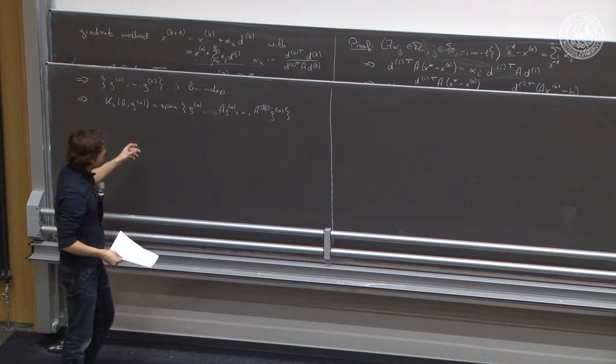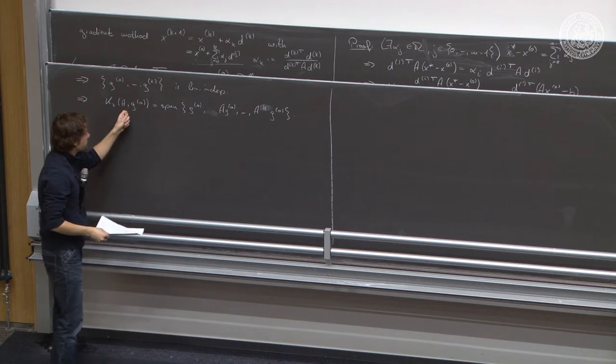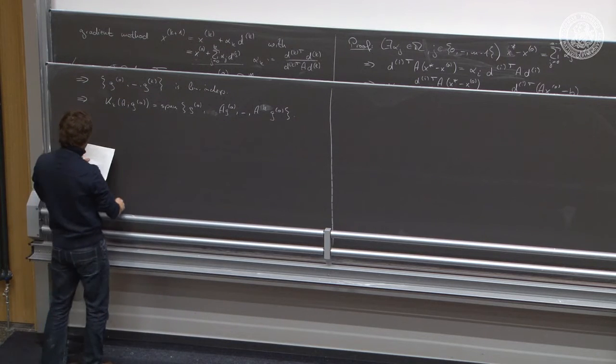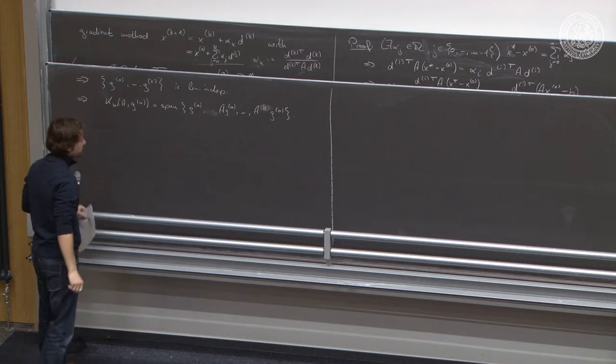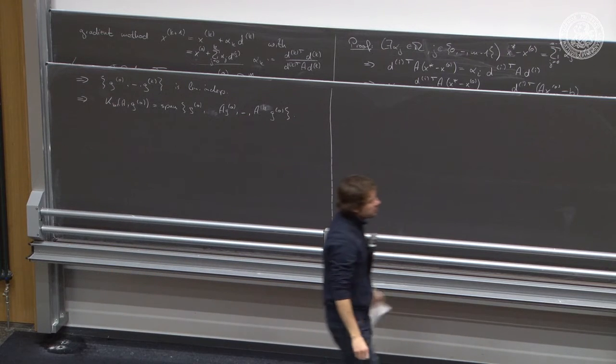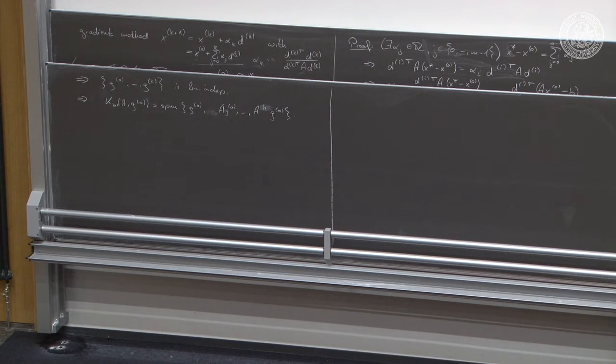Okay, and indeed the dimension here is k plus 1, so I should write the subscript k plus 1 here; that I have done wrong. Here, this is k plus 1. Okay.